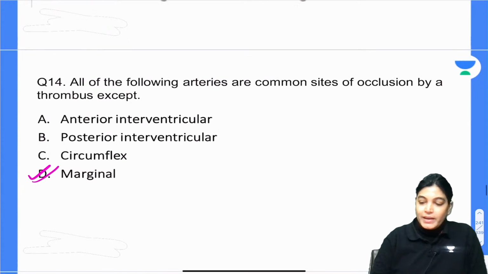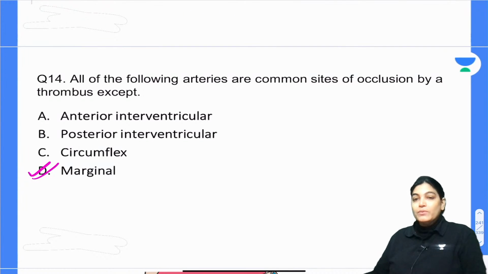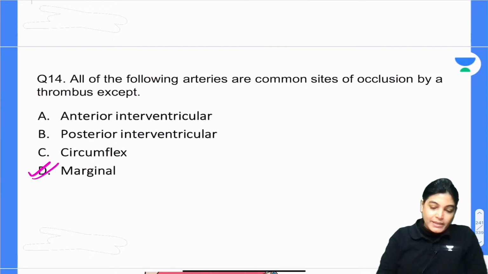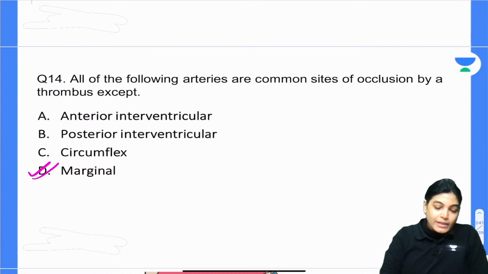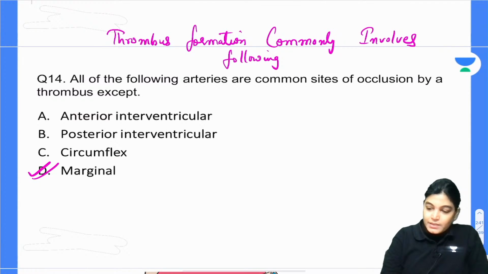It is very important and has been asked in previous years which are the most common arteries to be involved in the formation of thrombus. So for that I would like to give the correct answer. My dear aspirants, thrombus formation commonly involves the following arteries.